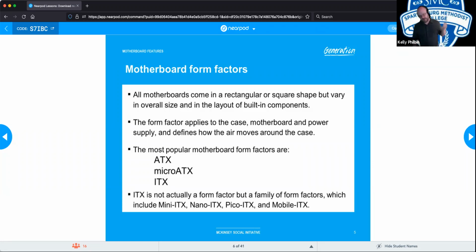And then you have ITX, which is considered a family of little form factors that go into mobile devices all the way down to mobile phones. So you have the mini, the nano, the pico, and the mobile. That can go from laptops to tablets, PDAs, down to actual cell phones as well. Questions so far? We'll have pictures of the different form factors here in a moment.